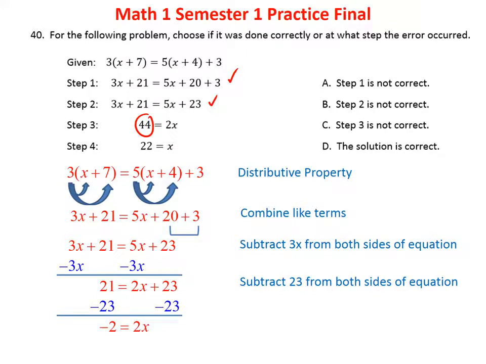What happened here is when they combined these, they ended up doing 23 plus 21 over here. That's where they got the 44. So instead of subtracting 23, they added 23. They misdid this problem here. And so the error there is in step 3. Step 3 is not correct, and the answer is C.